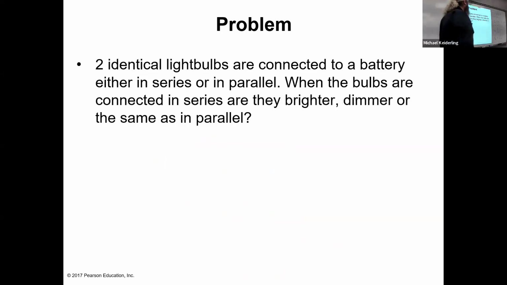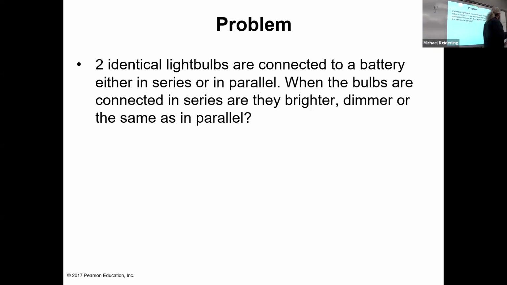Remember that energy, the output from a resistor, is voltage squared over resistance.